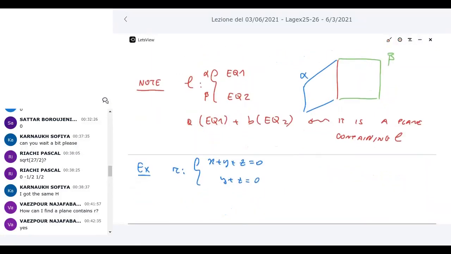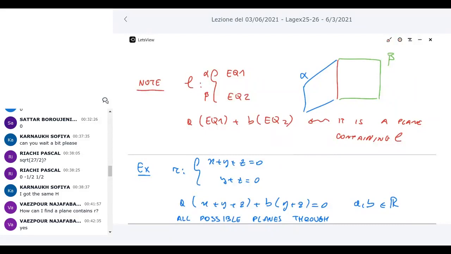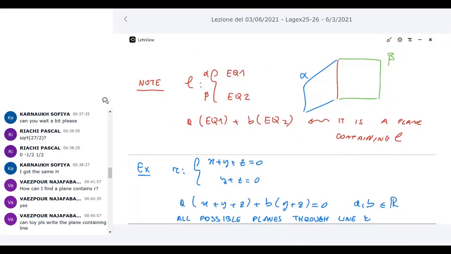Then if you take a times (x plus y plus z) plus b times (y plus z) equals 0, and you make a and b vary in R, you find all possible planes through line R. So this is a way of finding all possible planes containing a line, by taking linear combinations of the two planes.